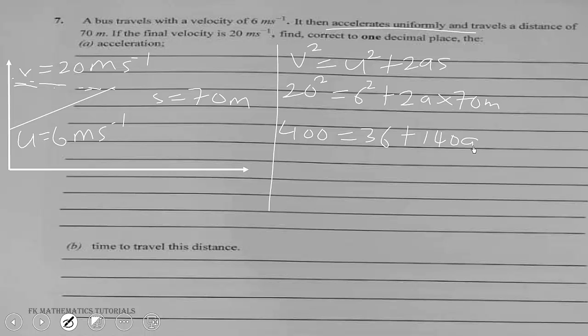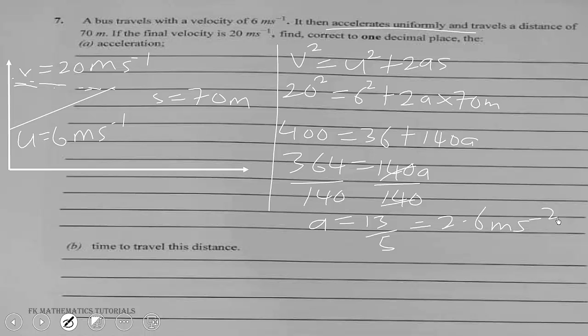So 400 minus 36 will give you 364 equals 140a. Dividing by 140, we get acceleration equal to 13/5, which is equal to 2.6 meters per second squared.